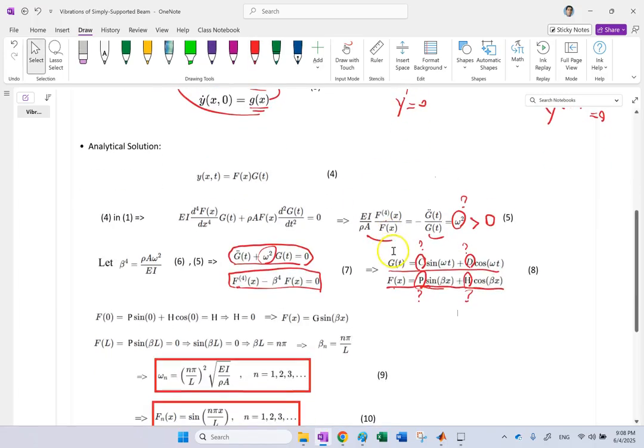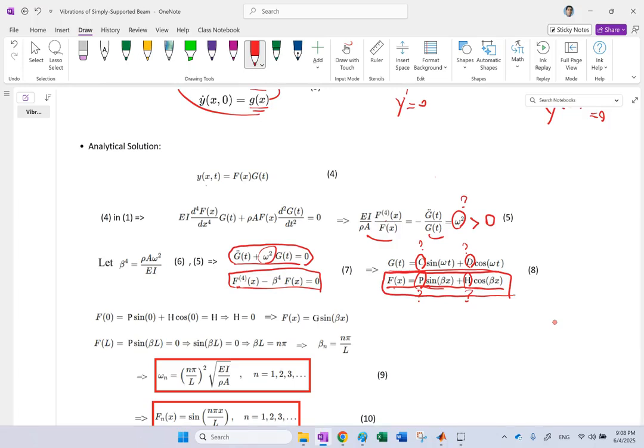The first thing is, in this position function f of x, we know that y at x of 0 should be 0 at any time point. So if I plug in 0 here, this should be 0 at any time. And the only solution for that, since g of t cannot be 0 all the time, is f of 0 should be 0.